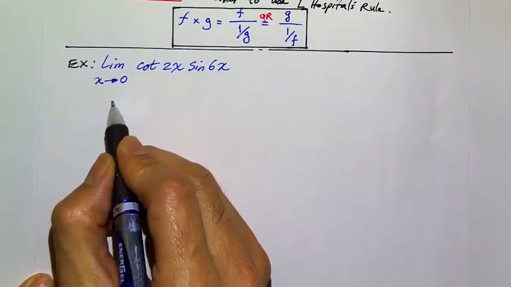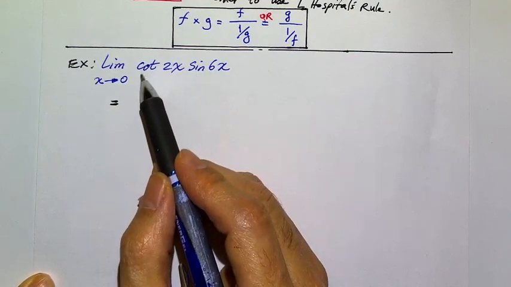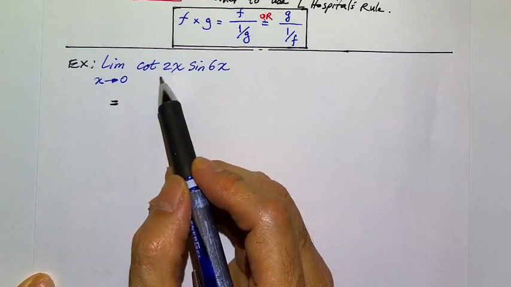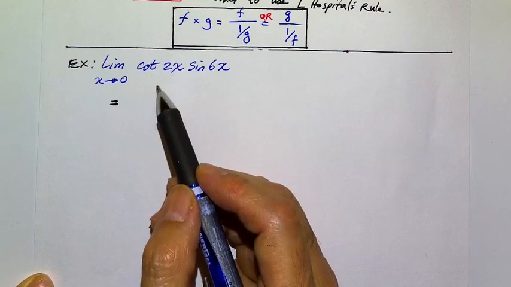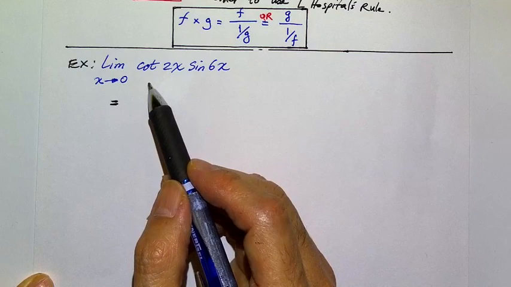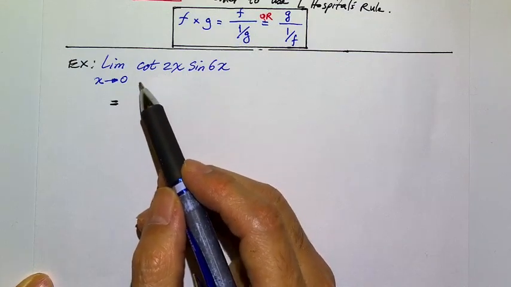So usually, if you have a cotangent or tangent, it's easier if we rewrite them in terms of sine or cosine. But this is not always the case. Once in a while, it's better if we go the opposite.